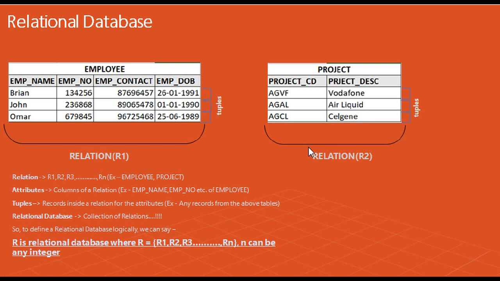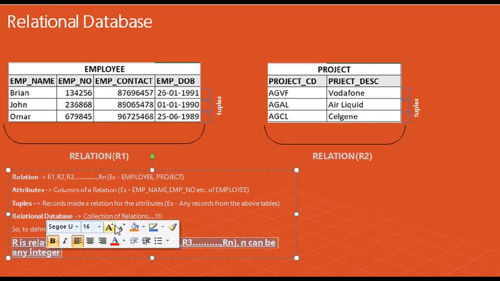Attributes are nothing but the columns of a relation. Tuples, like I have said, are nothing but records, and a relational database is a collection of relations. So this is a quick definition of a relational database. Okay, let's move on to the next slide.